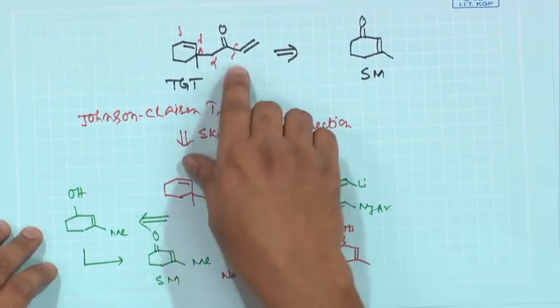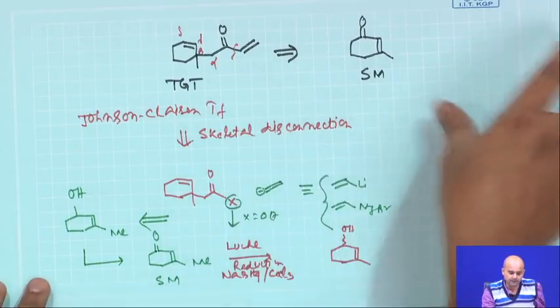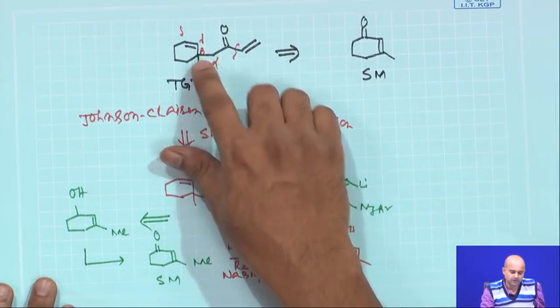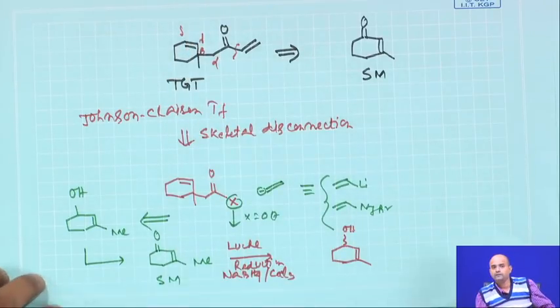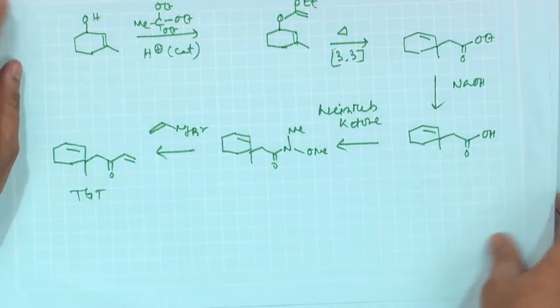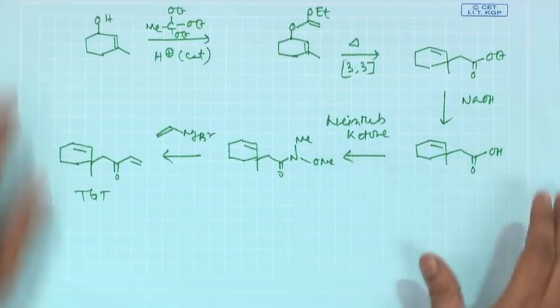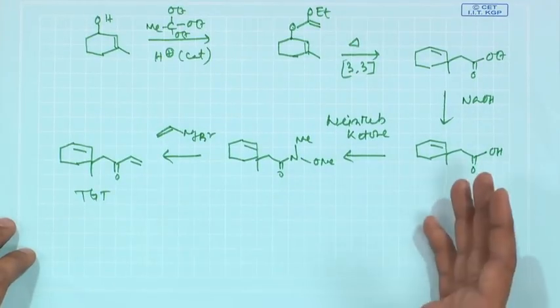The point is the skeletal disconnection is always there. If you know that the target molecule has a skeleton which is nothing but an alpha, beta, gamma, delta unsaturated ester. Now, for these gamma, delta unsaturated esters, we already discussed that Johnson-Claisen is one of the best transformations. So, you can think of using Johnson-Claisen, and once it is done, you get the gamma, delta unsaturated ester, then you can do a simple functional group interconversion or functional group addition.